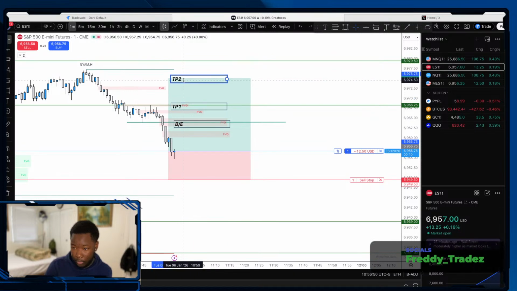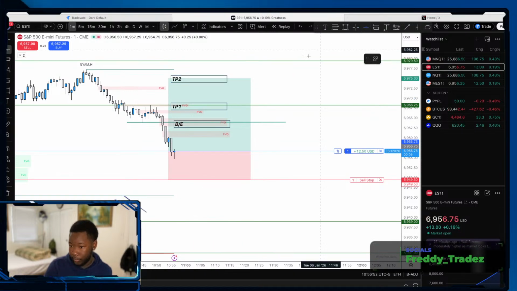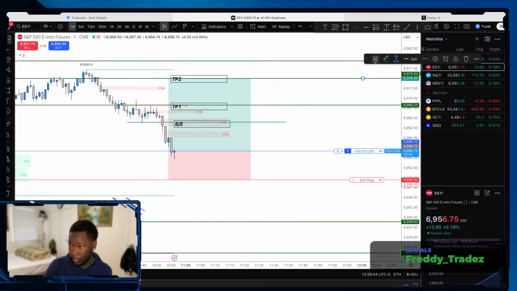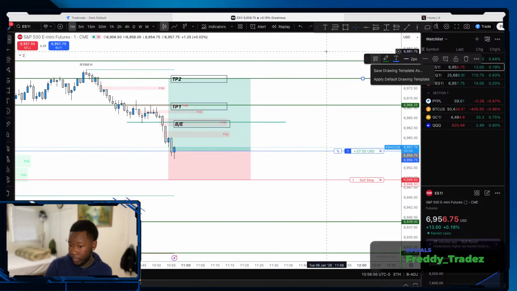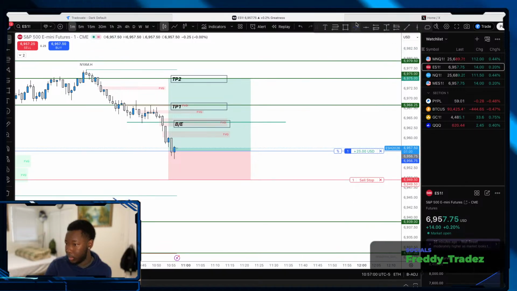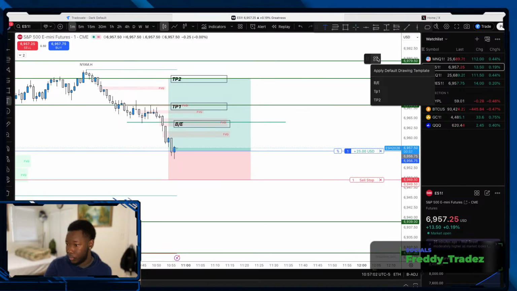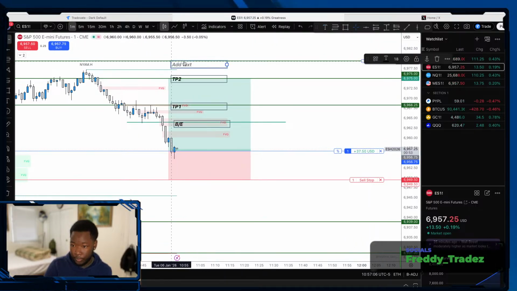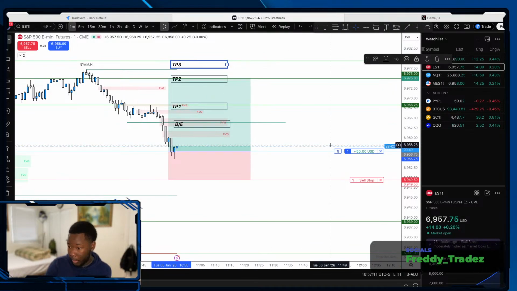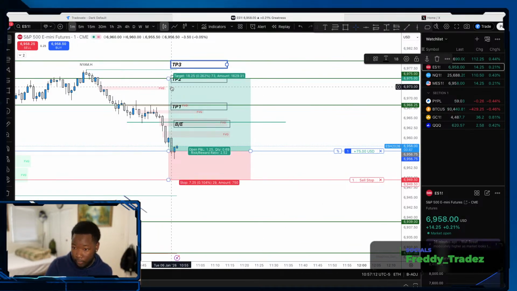Take profit two. And then a TP3 right here. All right, and this is the trade. See how it plays out.